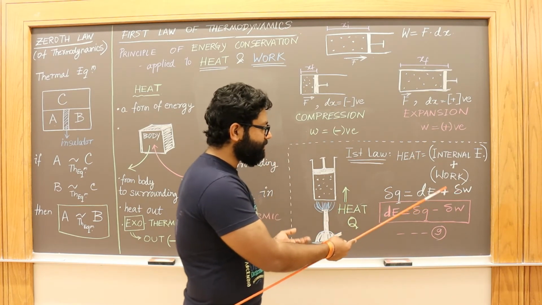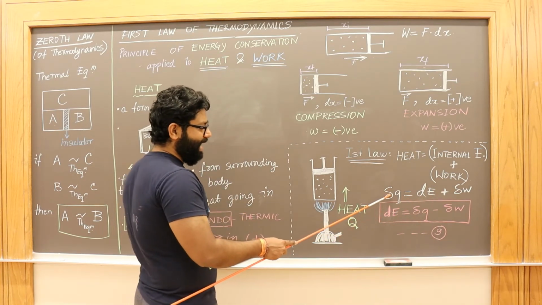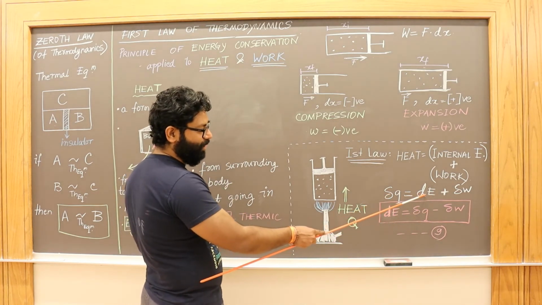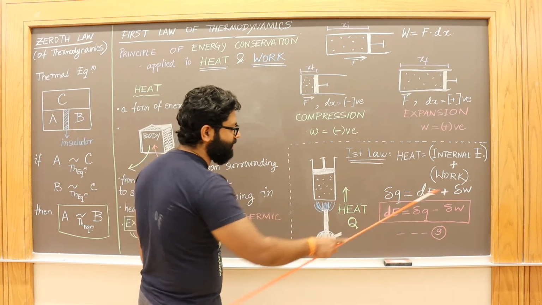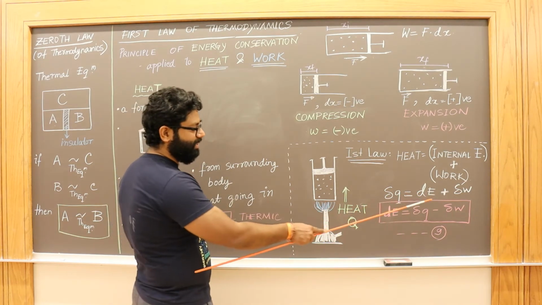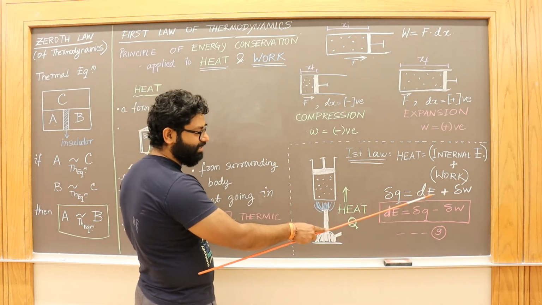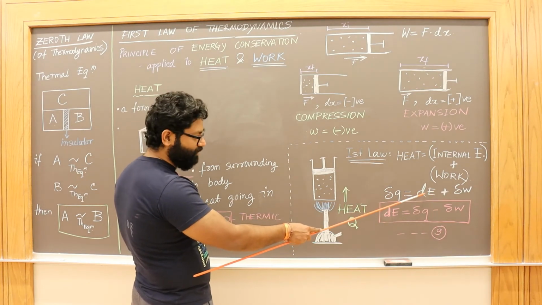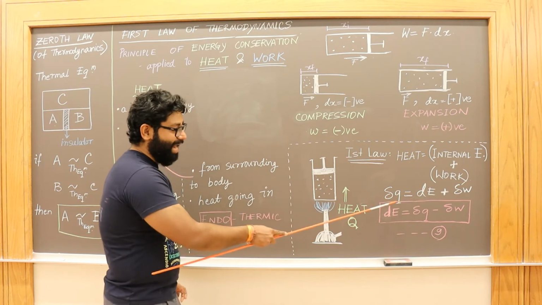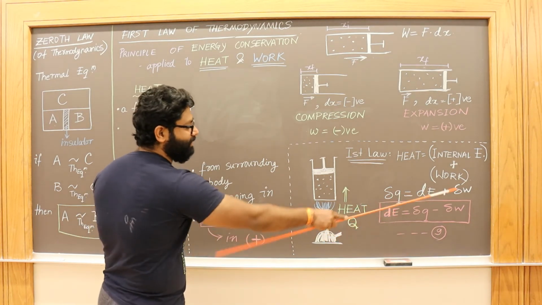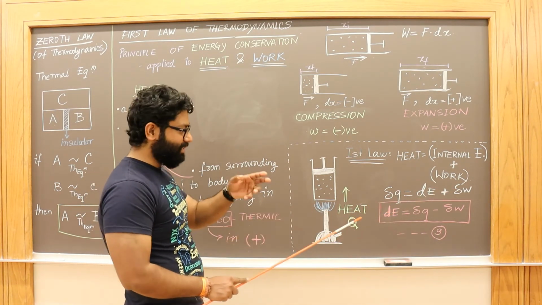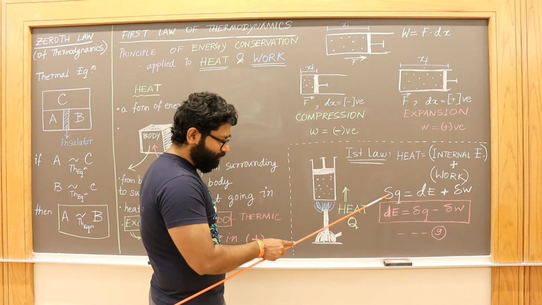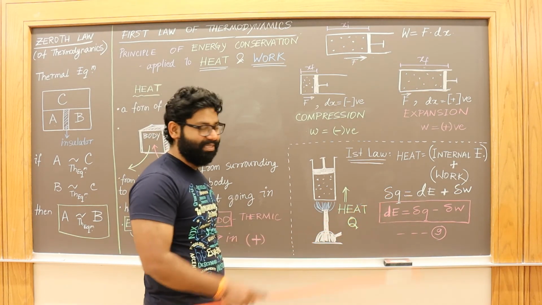Okay. Now, this d means a small change. Why do we have different symbols? We have different symbols because energy, the internal energy, is a state function. To represent that it is a state function, we have used a different symbol, the d. And since Q and W, the heat and the work, are path functions, as we'll see, I have used different symbols to represent that.